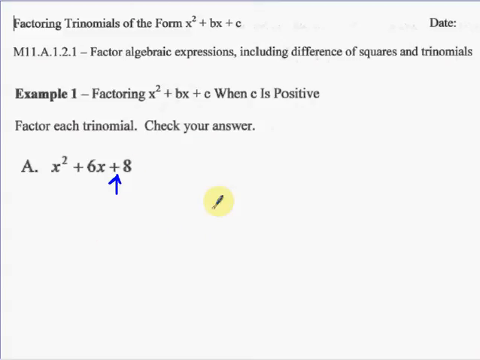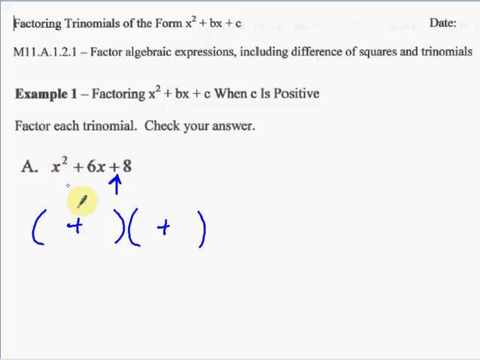So after we look at that sign, we start two sets of parentheses, like so. If this sign is a plus, and it is a plus right here, we then look at this sign. Whatever that sign is, positive in this case, you put it in the parentheses twice. If it were a negative 6x, I'd put minus, minus.